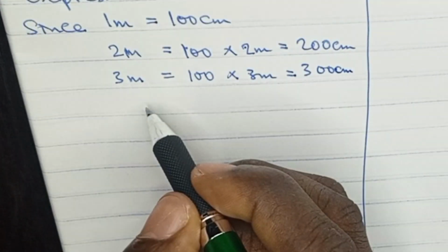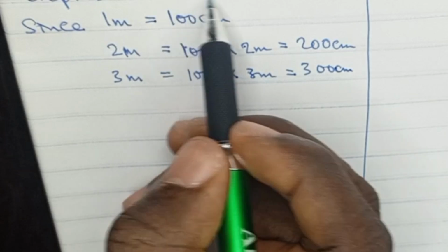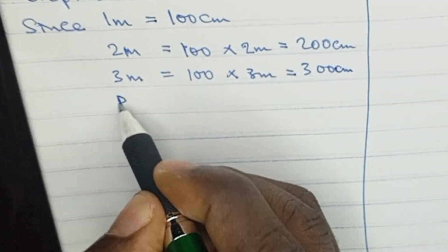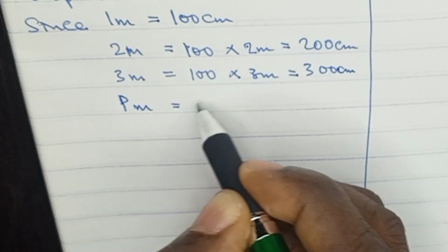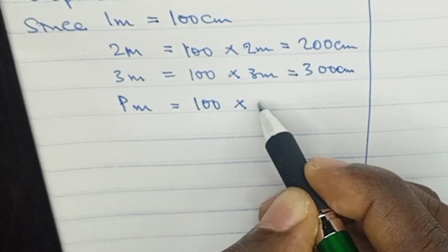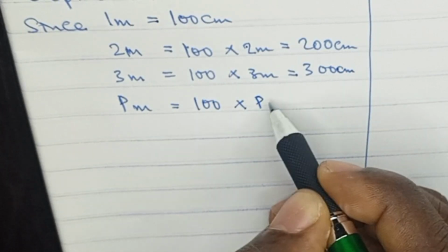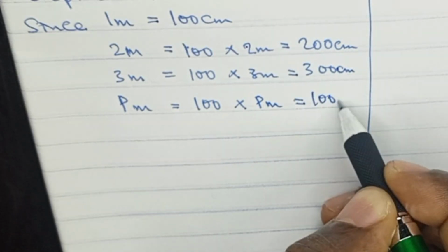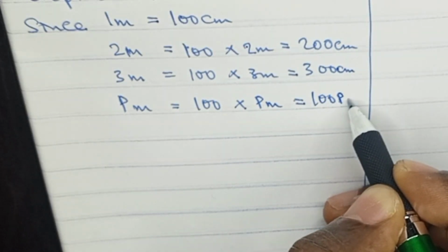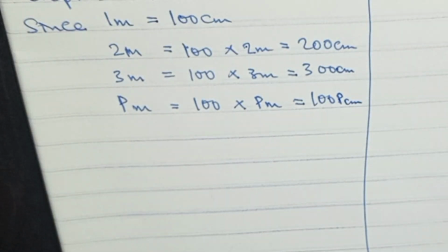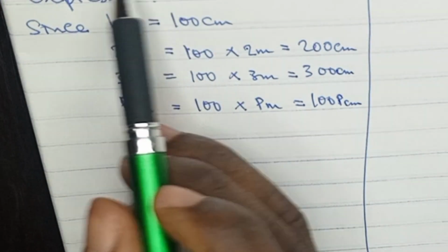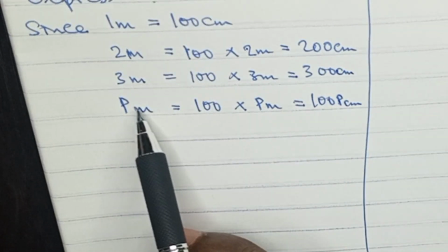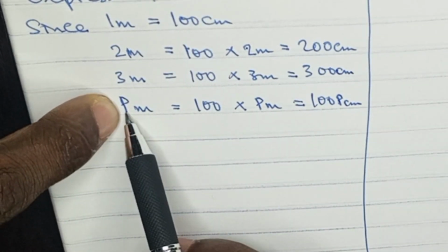Now let's use the p. Express p meters in centimeters. So we have p meters equal to the same thing, 100 multiplied by p, which is going to give us 100p centimeters. Just like I said here, x could be unknown; in this aspect now p is unknown.